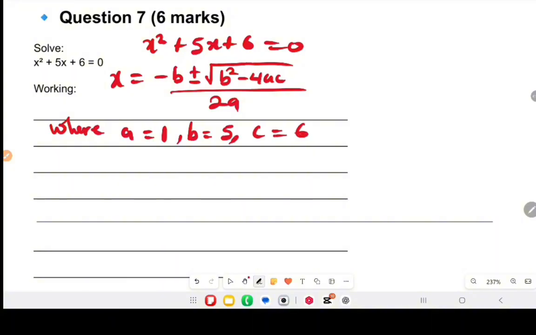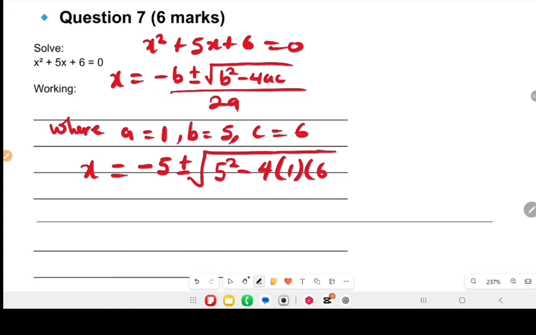If we substitute this into this formula, we are having x equal to minus b, means minus 5, plus or minus square root of b is 5, square of 5 minus 4, a is 1, and c is 6, all over 2a, 2 times 1.